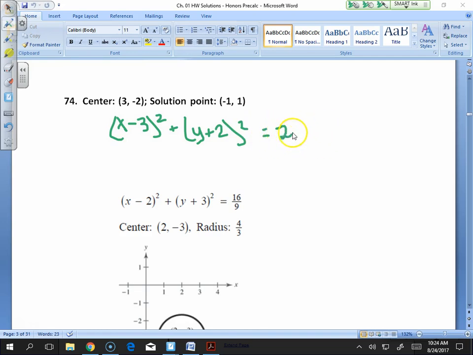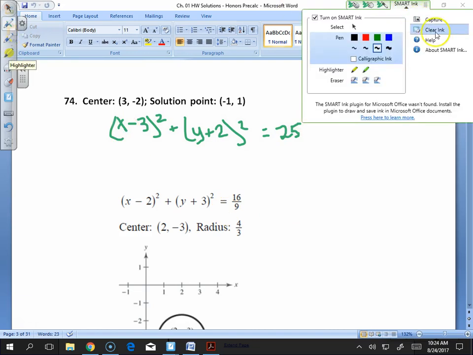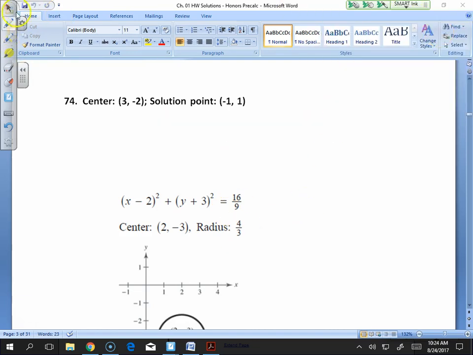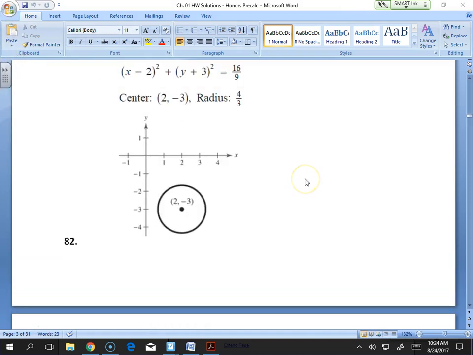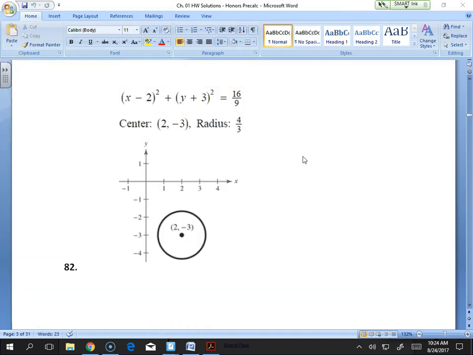And I believe r ends up being 5, so then r squared would be 25. Our last even is number 82, and you can see the information there. We went over number 85, but sadly no time right now. You can ask a classmate because we did it in detail.